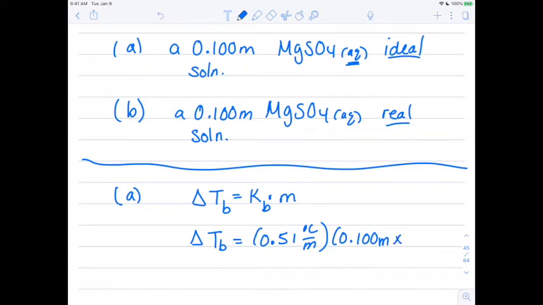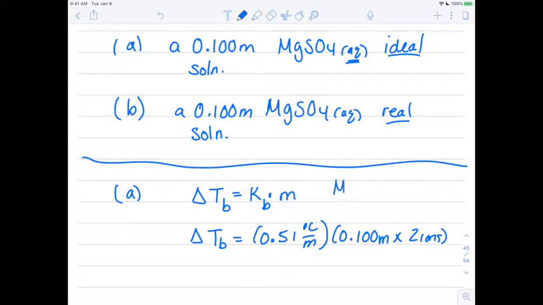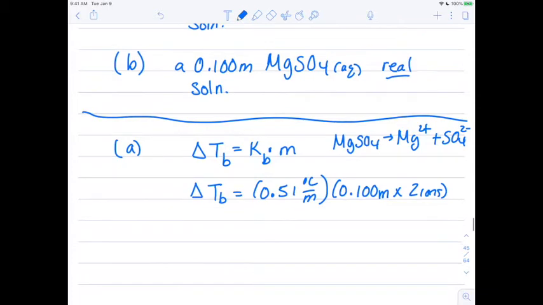And in an ideal perfect world, magnesium sulfate should break up into 2 ions. So just to take a look at that, we should have MgSO4 breaking up into magnesium and sulfate. All right, so now I'm going to do 0.51 times 0.1 times 2.